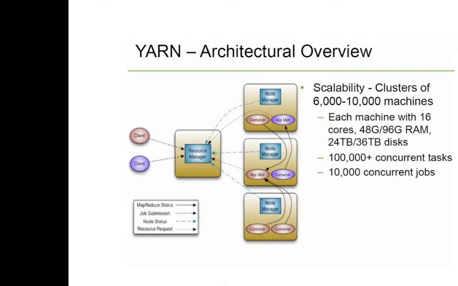So to answer your question, even the resource manager can be made highly available. Instead of one resource manager, we can have two, and that's what happens. In all practical production environments or distributions, they don't go with one resource manager. They go with two resource managers in a highly available state.